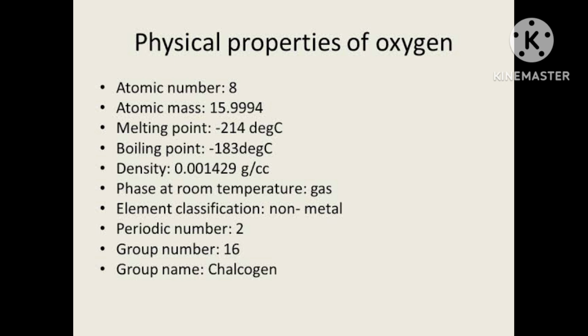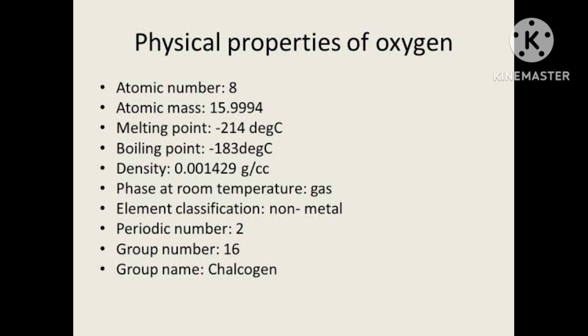An oxide that combines with water to give an acid is termed an acidic oxide. Example of acidic oxide is SO2. Second example is Cl2O7. Third example is CO2. Fourth example is N2O5.